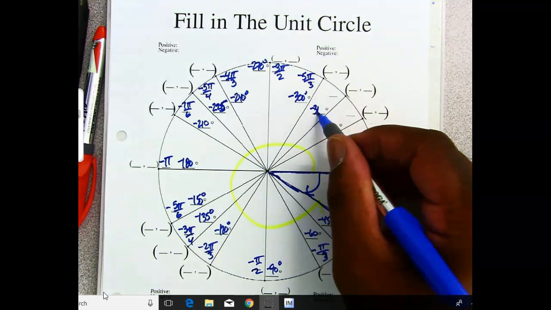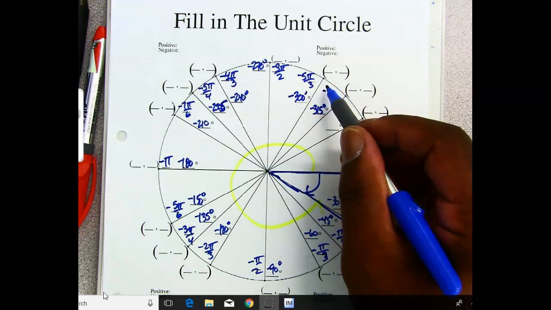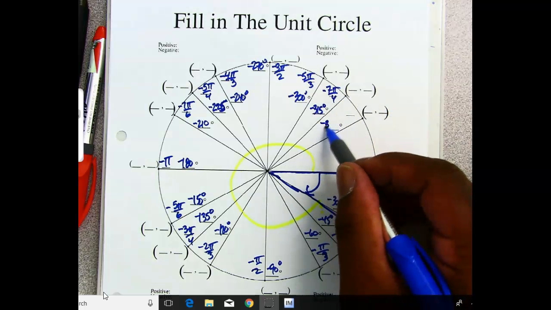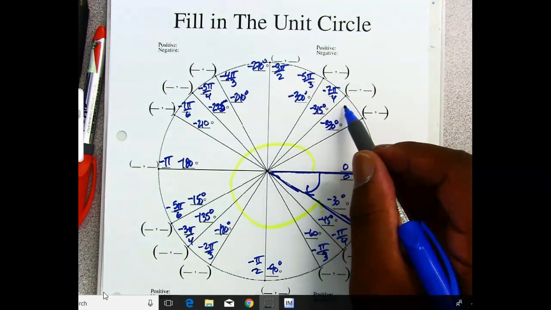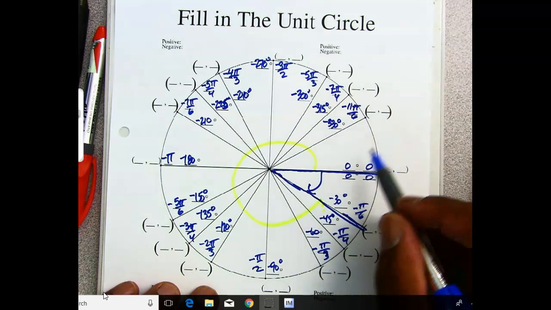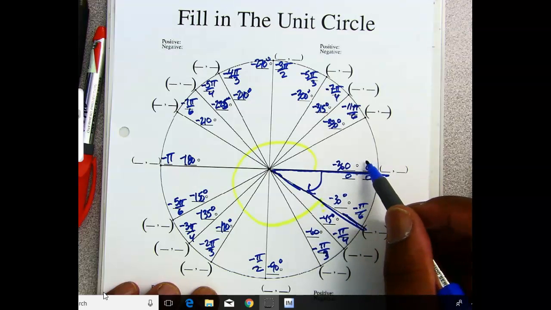Negative 315 degrees, and negative 7 pi over 4. Negative 330 degrees, and negative 11 pi over 6. And then finally negative 360 degrees, and negative 2 pi.